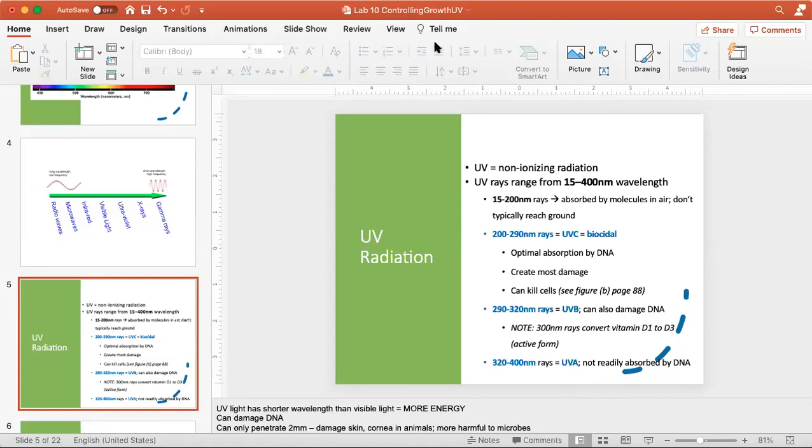Now, the next time you go to the store and you buy your sunscreen, look at the bottle, because the bottle by law has to tell you which rays it's capable of absorbing, basically blocking. And when you read about a sunscreen that is full spectrum, they're talking about a sunscreen that can block UVA, UVB, and UVC.